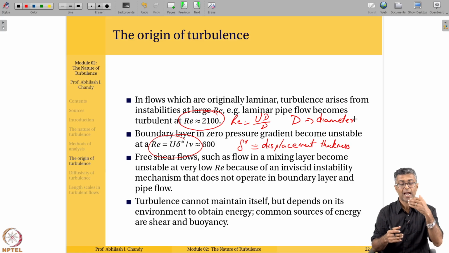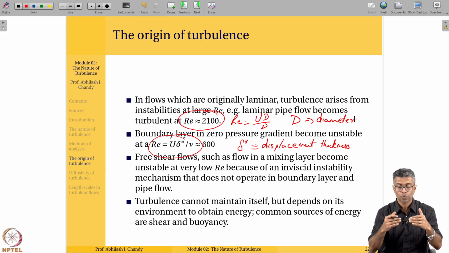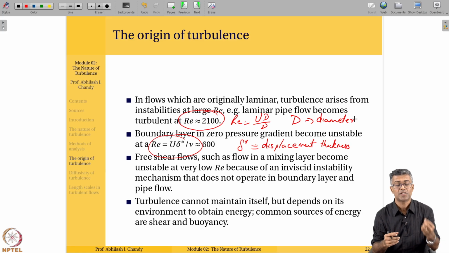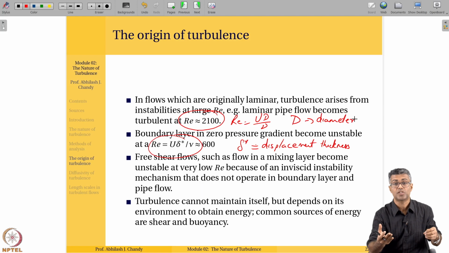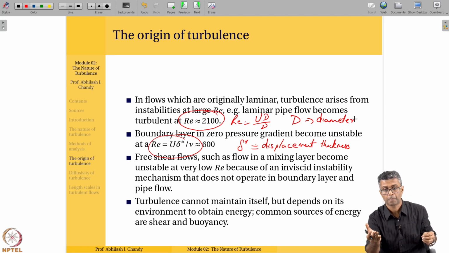In pipe flow and boundary layer flow, you have a solid surface, so you have a velocity gradient because of that. Whereas in free shear flows, there's no solid surface bounding the flow. In that sense, it is an inviscid instability that is the origin of turbulence there.